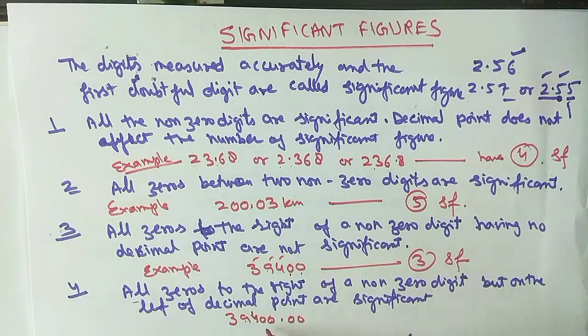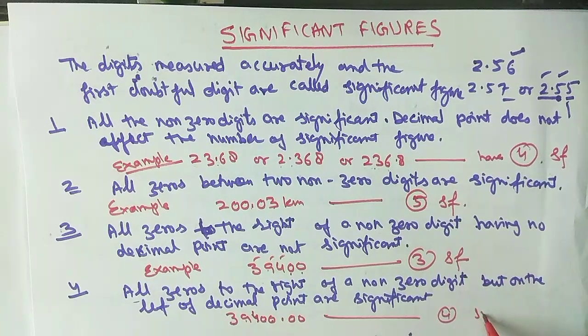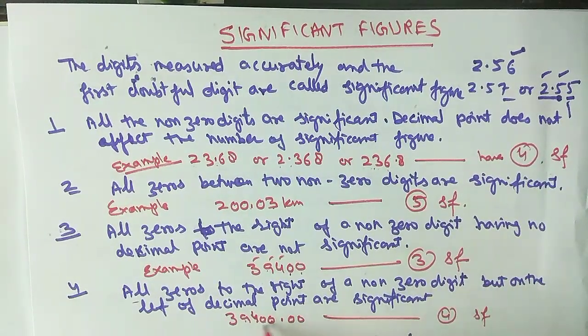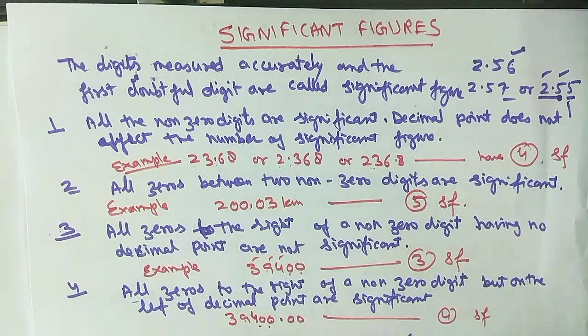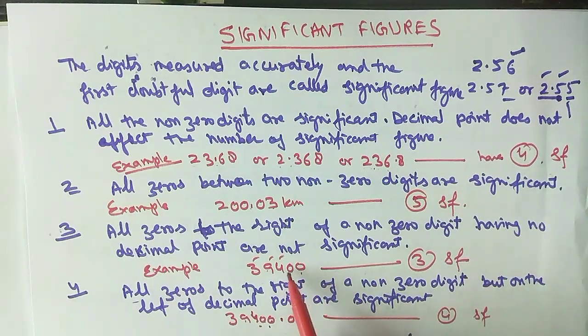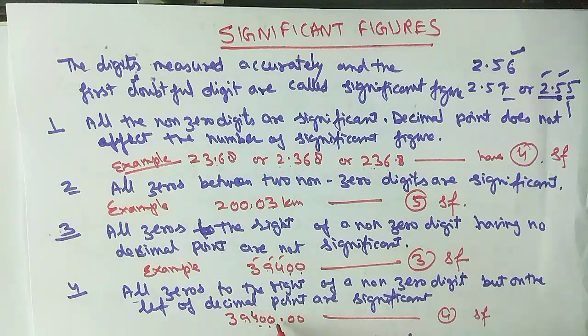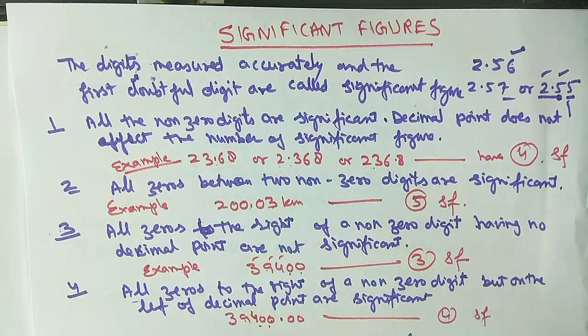So it has 1, 2, 3, 4, only 4 significant figures. These zeros will be considered as significant because they are before the decimal point. Here these zeros were not significant, but here you have to consider them because the point is there. It was the fourth rule.